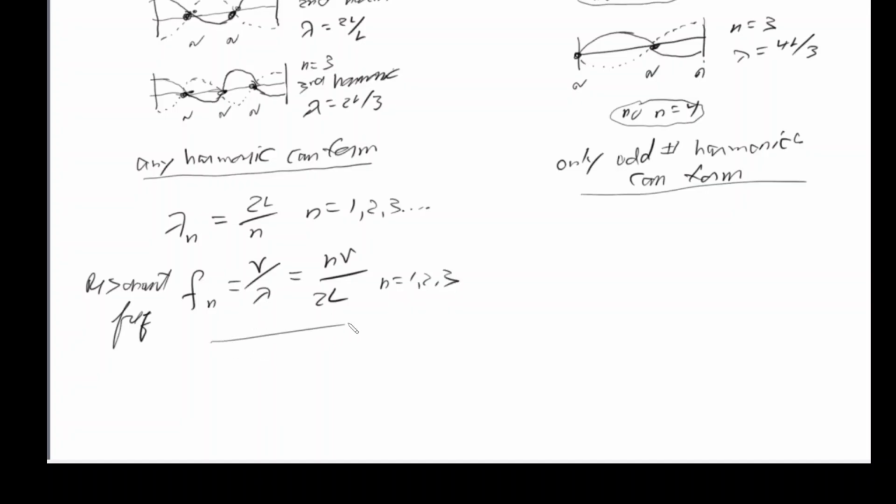So this gives the equation for finding the different resonant frequencies of a pipe with both open ends of length L.